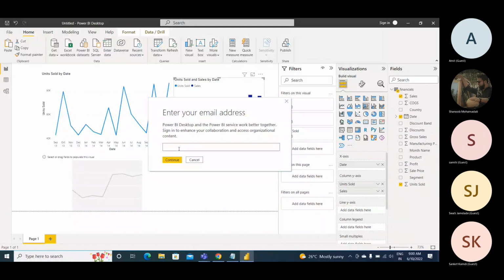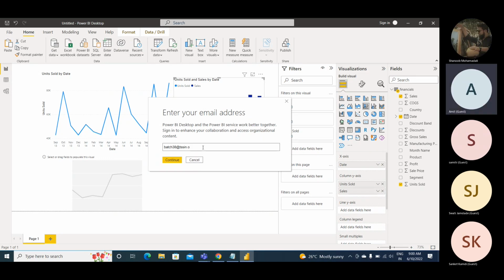Okay, so PATC batch 38 at the rate TSS LN.